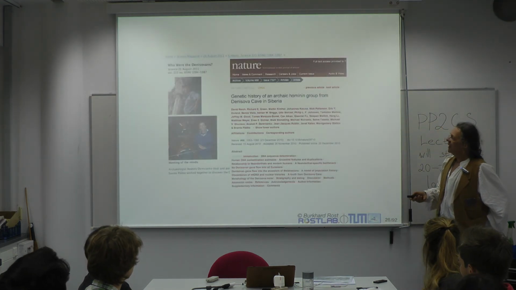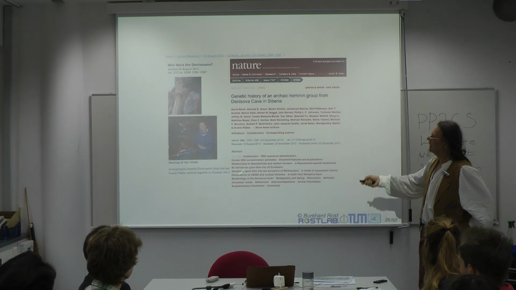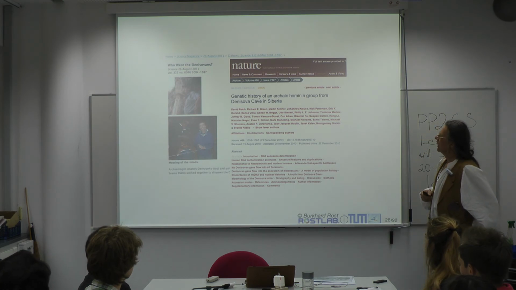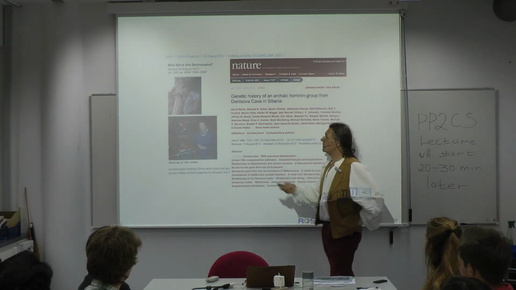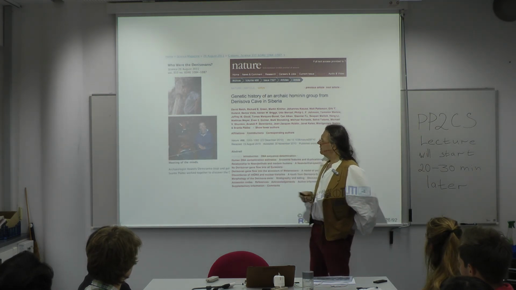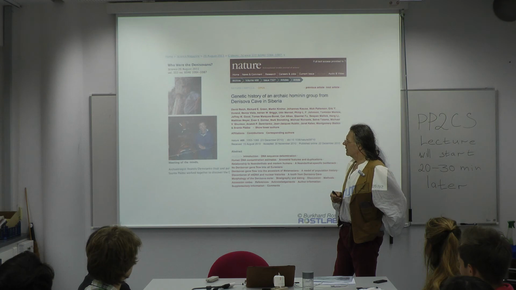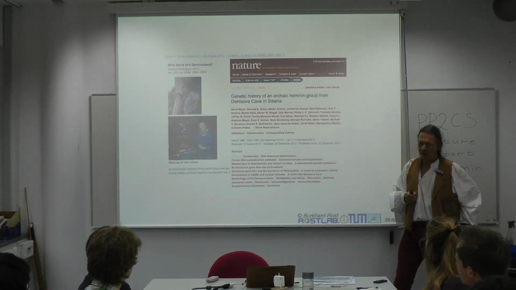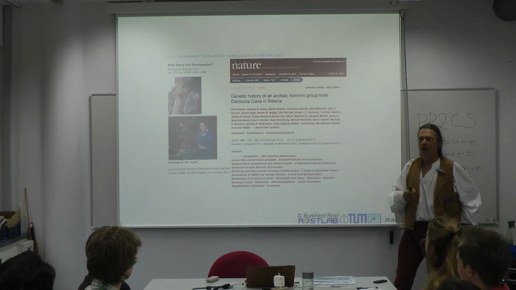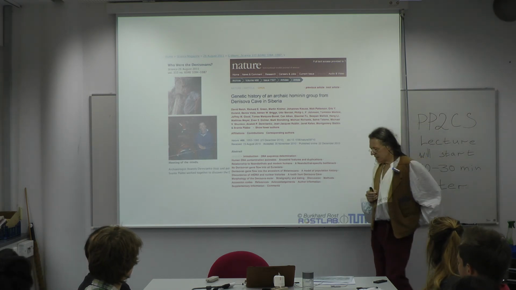And here's work that is mostly done by Svante Pääbo, where they defined a new species, the so-called Denisovan. Anatoly Derevyanko discovered in a cave in Siberia something that they thought was some wild animal.